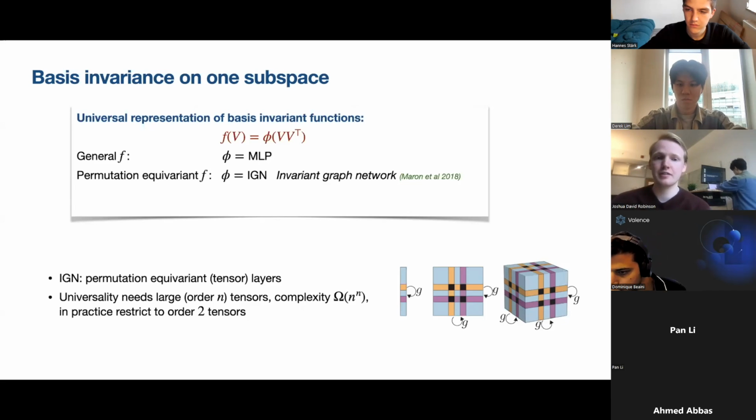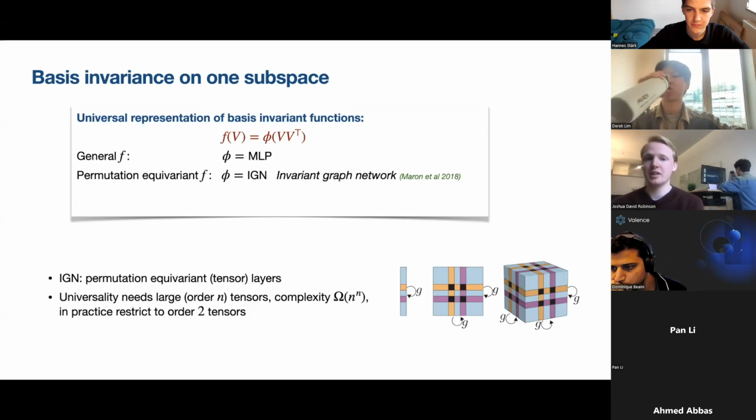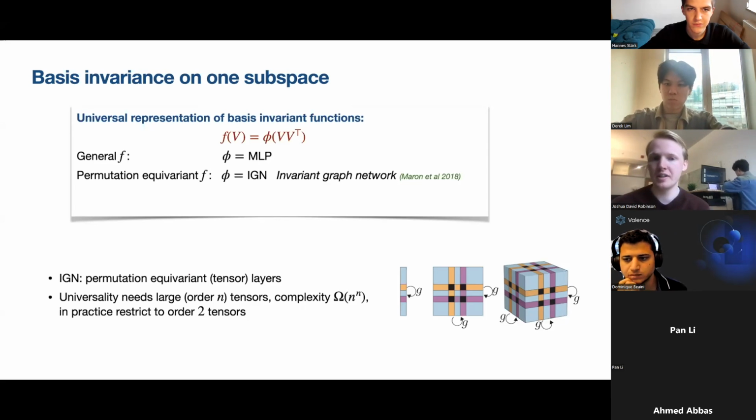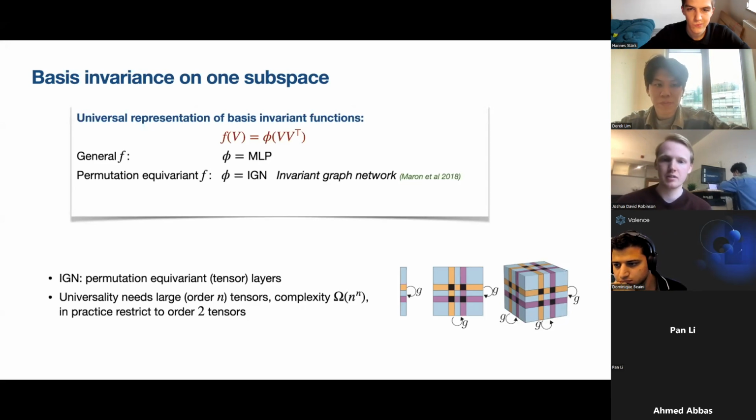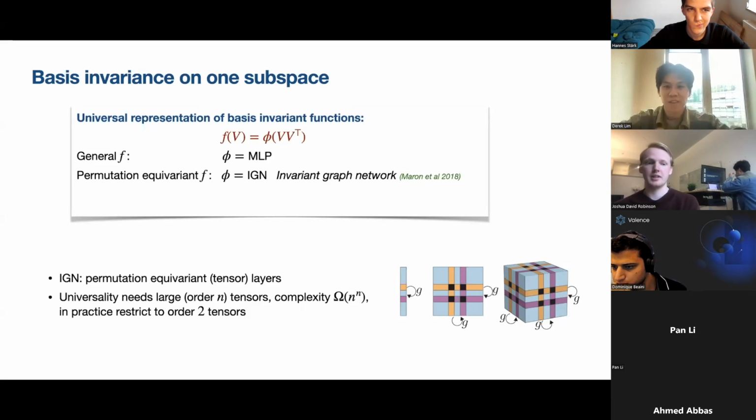For general f, we could take phi to be a multi-layer perceptron applied to the flattened matrix. If additionally we wish to have permutation equivariance, then we need phi to be a class that is able to universally approximate any permutation equivariant function mapping matrices to vectors. One instance of such an architecture is the invariant graph network architecture of Maron et al.